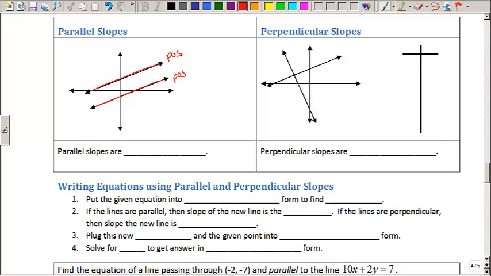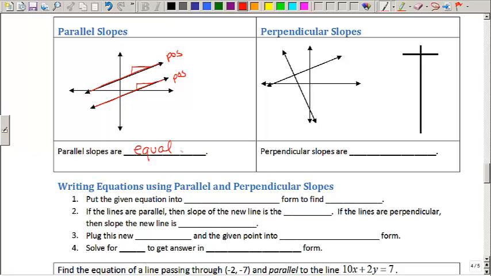And not only are they both positive, but their slopes are going up and over at the same rate. And it keeps going up and over at the same rate on both lines, which means that they will never, ever, ever intersect. The slope that's going up and over at the same rate tells us that our slopes are equal.